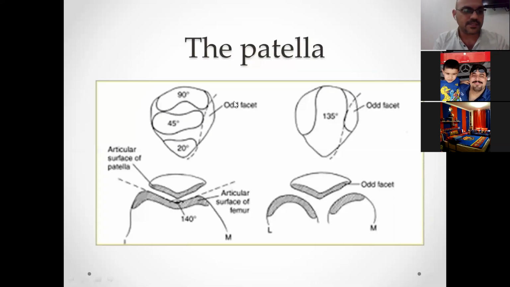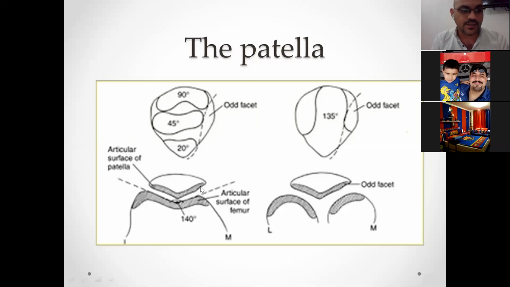Another thing is the patella. The patella is a cartilaginous cap with a ridge between the patella and the articulating surface. There is a ridge that divides the patella into a smaller medial side and a larger lateral side. Sometimes there is a small articular reflection in the medial side, as you see in the lower left picture, which is called the odd facet.